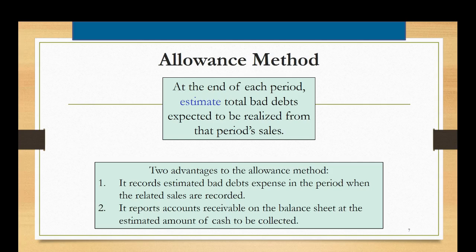It records the estimated bad debt expense in the period when the related sales are recorded, and it also records accounts receivable on the balance sheet at the estimated amount of cash to be collected. Again, the technical term for this is NRV, or net realizable value.